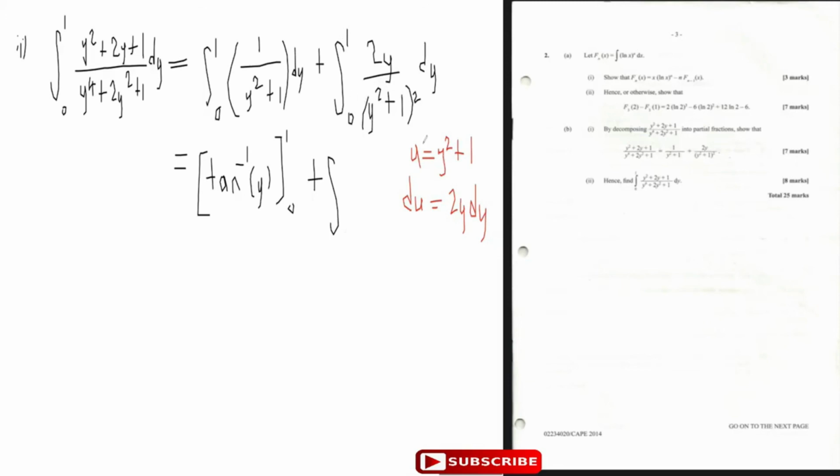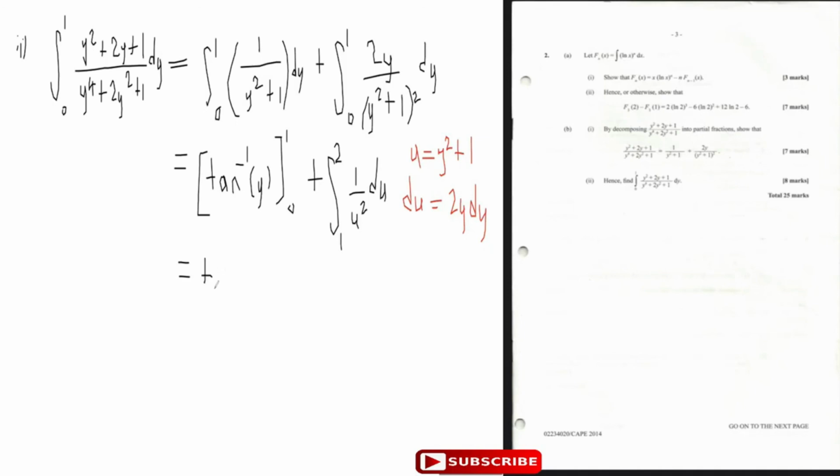And when y is 1, the upper limit becomes 2. So it's now the integral from 1 to 2 of 2y dy is du, so it becomes 1 over u squared du, and I'm integrating from 1 to 2 using substitution. Plugging in 1, I get tan inverse of 1.